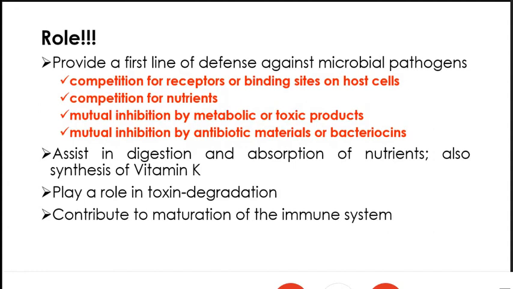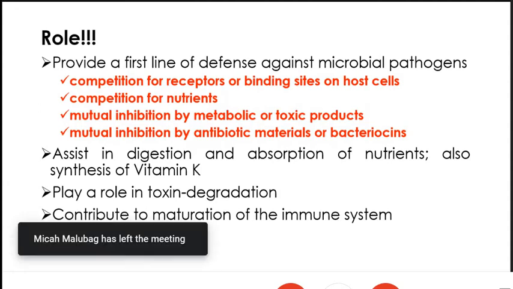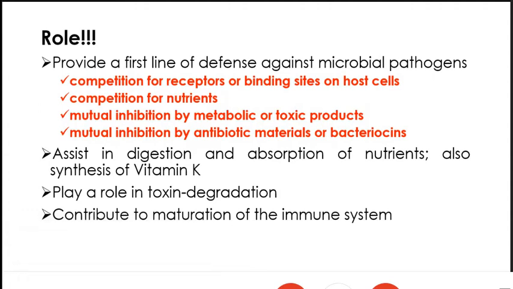So that they also compete for receptors. Ano yung receptors? Importante ito sa binding o attachment ng microorganisms into the location or doon sa parang sa tissue tropism na tinatawag natin. Okay? So, competition for nutrients.